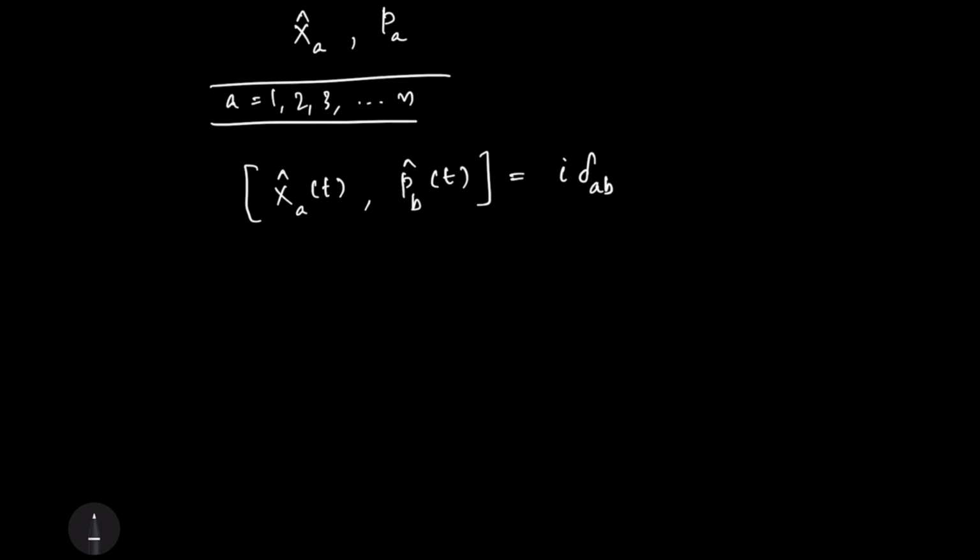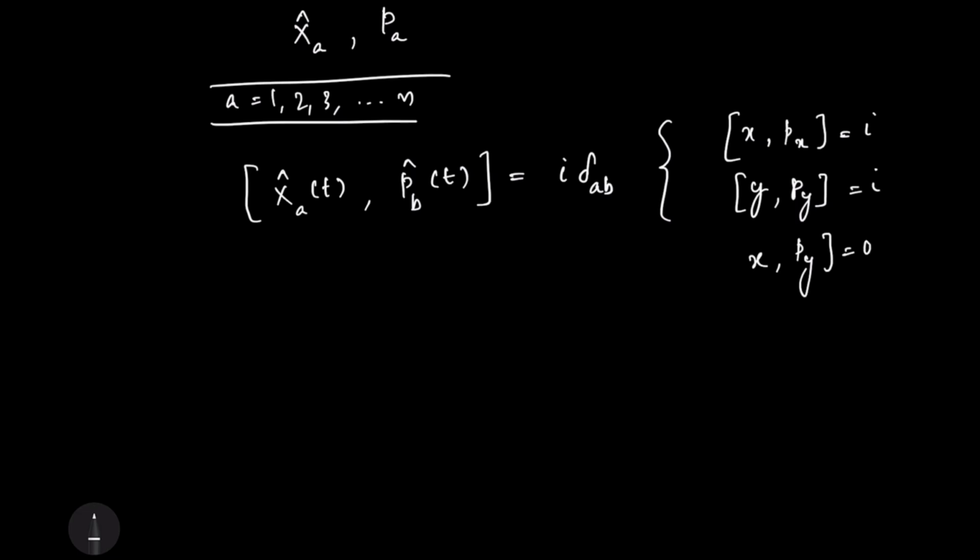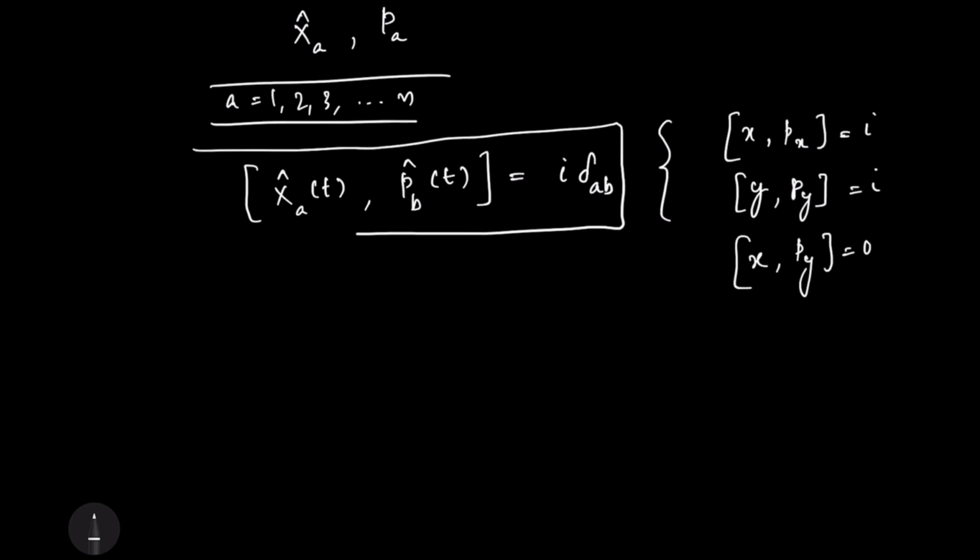Okay, so this is nothing new, this is just the generalization of what you have learned, like x px is equal to i, right? So y py is equal to i, and similarly if you have a cross term x and py, then this will be 0. This we have already learned, so I am just generalizing it by using the Dirac delta.